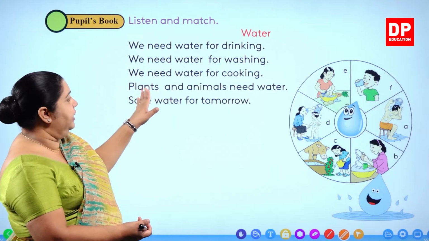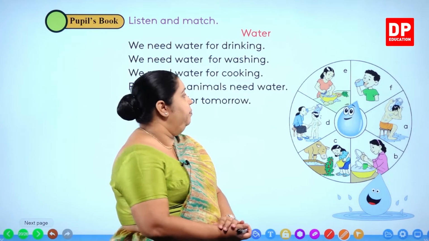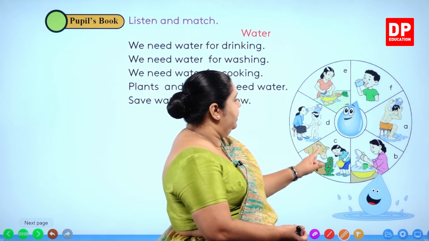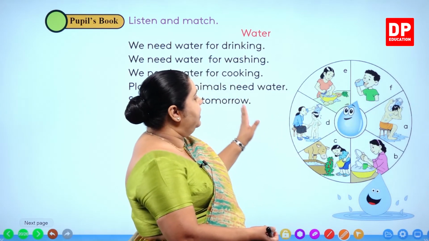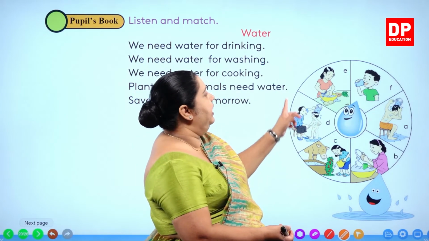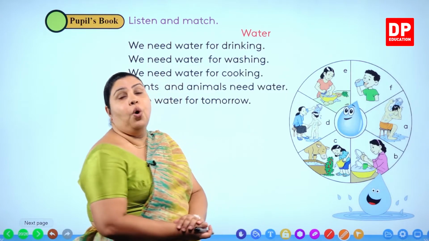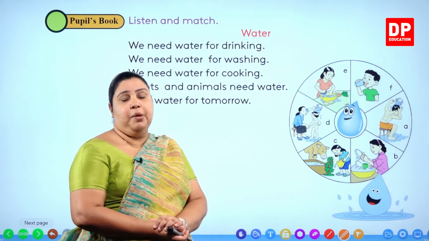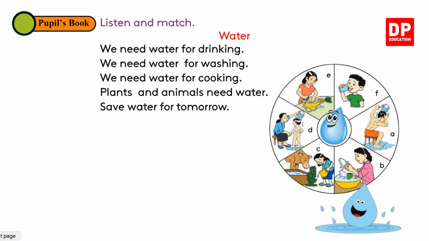So these sentences should match with each of these pictures. Now can you see there are letters A, B, C, D, E, F. There are 6 things which water is involved. ජලය සමග කරන දේවල්. ජලයෙන් අපිට තියෙන උපකාර තියෙන පින්තූරු තමයි මගේ දුවලා පුතාලගේ පොතේ තියෙන්නේ.